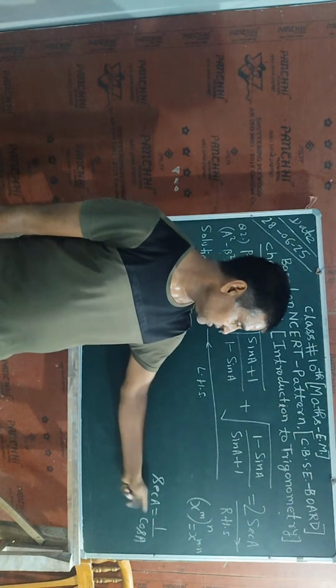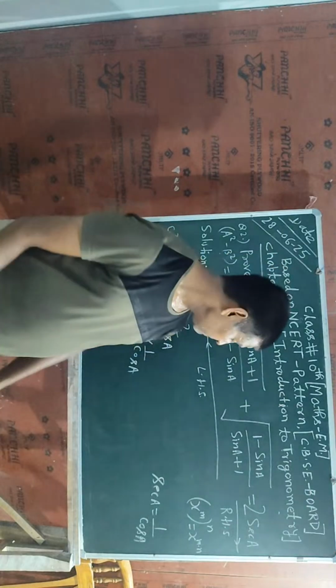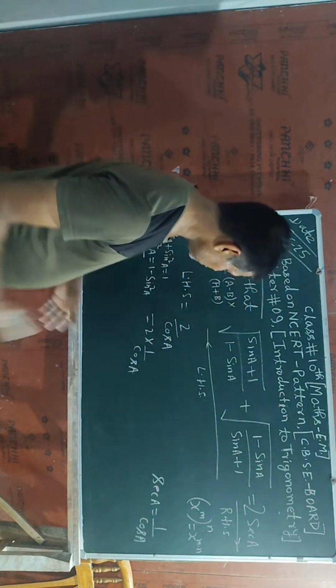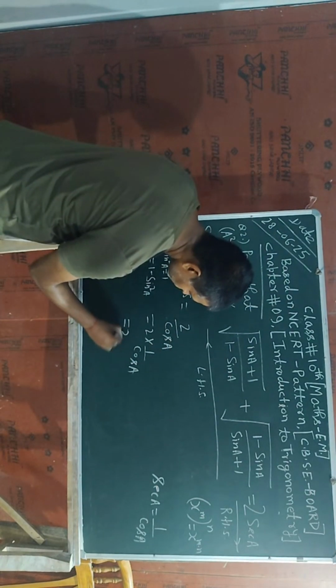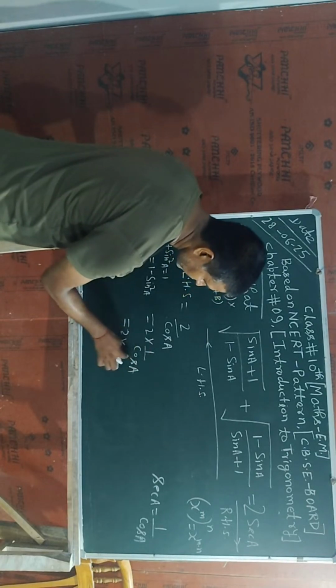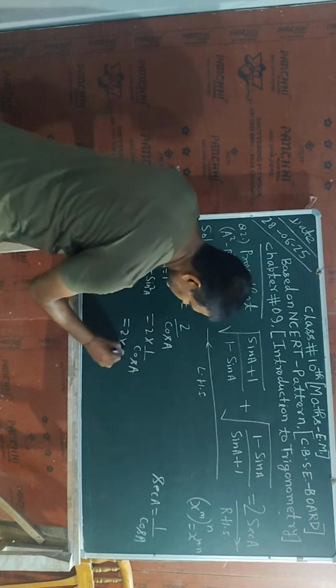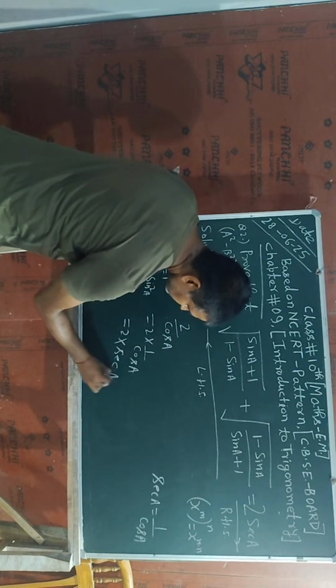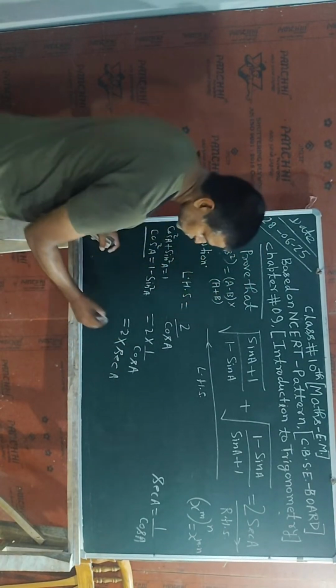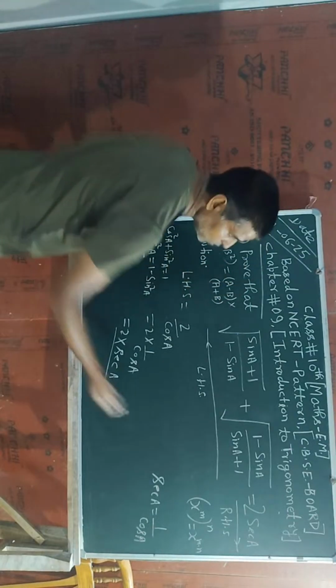So sec theta is equal to 1 divided by cos theta. This concept I will use here: 2 into 1 divided by cos theta, so I can write 2 sec theta. So this is the value of the right hand side, 2 sec theta.